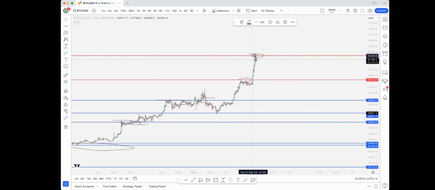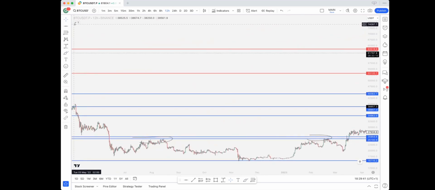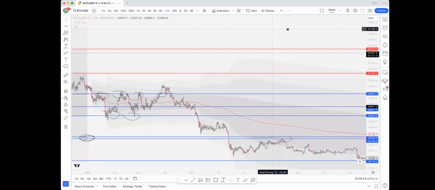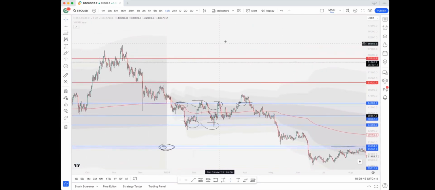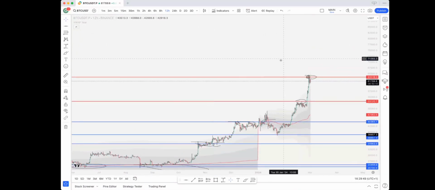So this may look like magic because it almost is. These levels are so heavily respected that it's like dumb. Just based off a VWAP reset from 2021. We got the exact resistance as well, around 63.5 thousand.